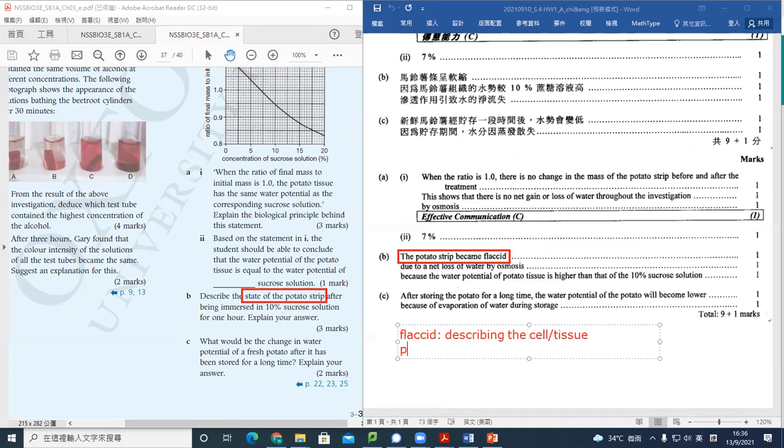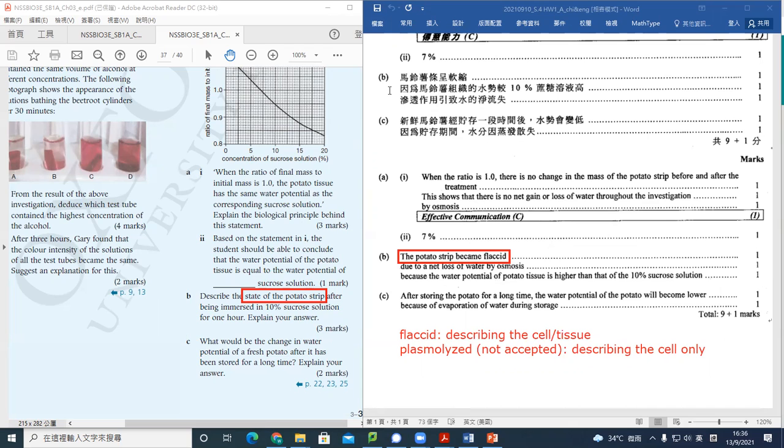Whereas the word plasmolyse is not accepted in this question, because it is describing the cell only. Plasmolyse is not accepted. Why is it plasmolysed?